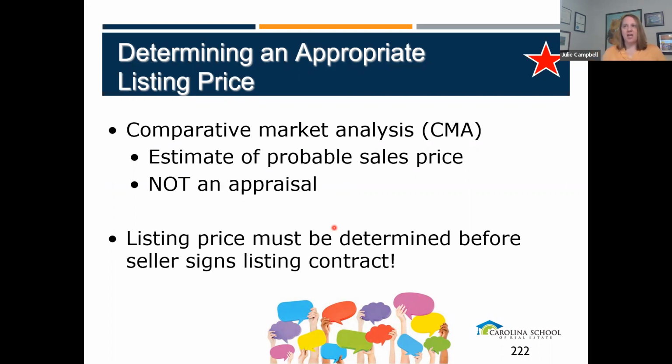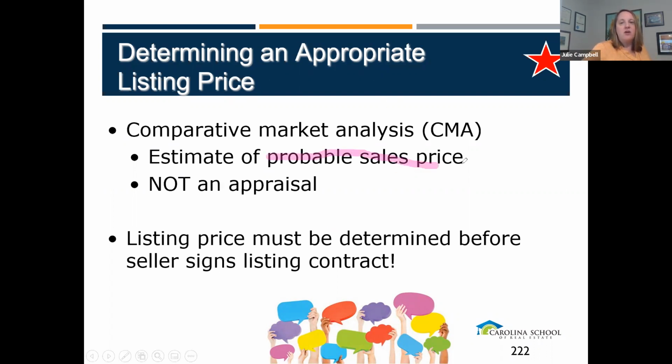And as we said yesterday, when we were looking at our listing agreement, before the seller signs the listing agreement, we have to come up with an agreement on the listing price. So we do the CMA. We tell the seller, I think this is your probable sales price.